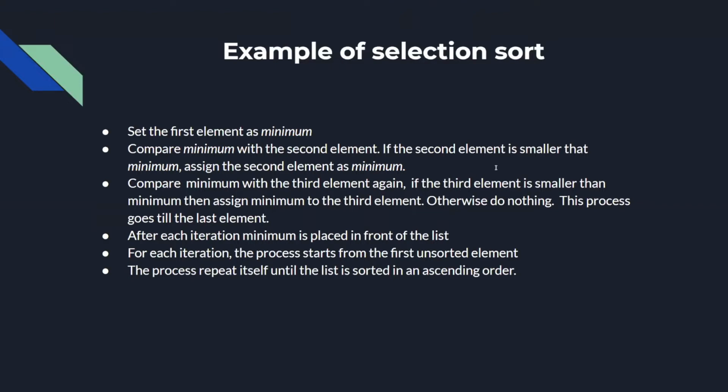It will continue like that until the element set as minimum is actually the smallest of the series. After that, it will start from the second element, compare it to the rest of the elements, and continue like that until the series is in ascending order.